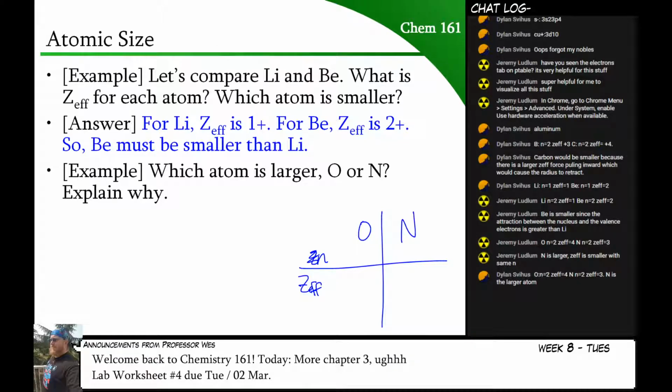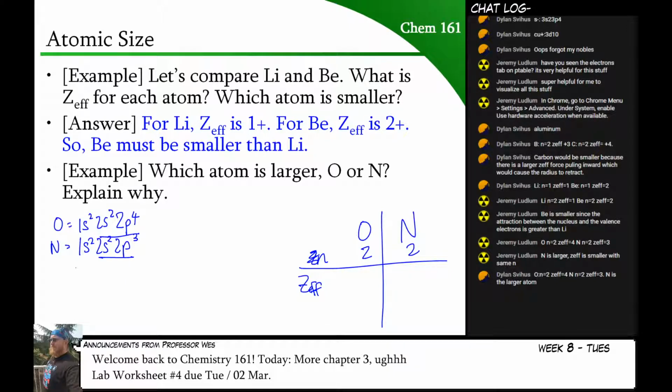All right. So for both of these, let me write out the electron configurations. We'll just start there. Oops, that's the wrong end of the pen. So there we go. The valence shell in both of these is 2, so n is 2.